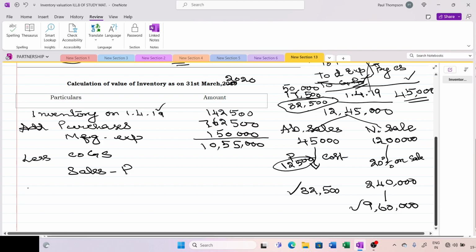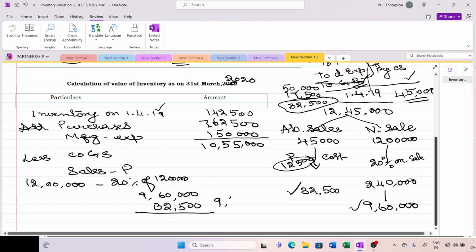So this is 12 lakh minus 20% of 12 lakh, that is 9,60,000, and the other item is 32,500. So the total cost of goods sold is 9,92,500. You can give the working note 1.